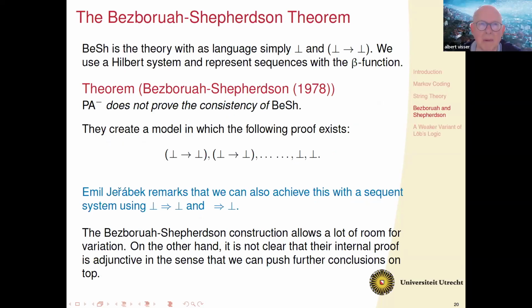I think so. It's not really proven, but I think so. The Shepherdson and Bezboruah work really gives you these differences, at least for the beta function and the Markov coding.